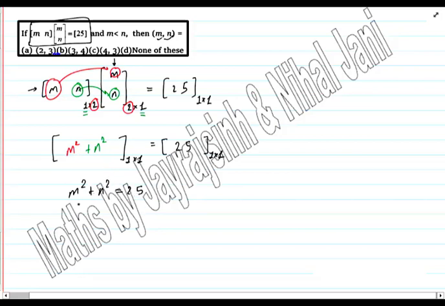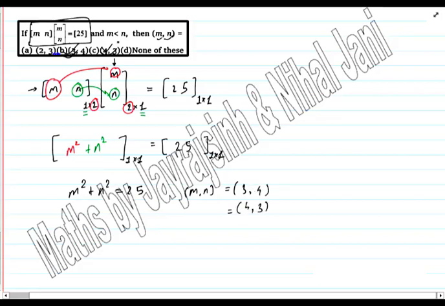Now here we have two unknowns and only one equation, so technically we cannot solve this equation, but this is an MCQ, so we can check the options which satisfy this condition, right? So we have B and C, both options which satisfy the condition m square plus n square is equal to 25, right?